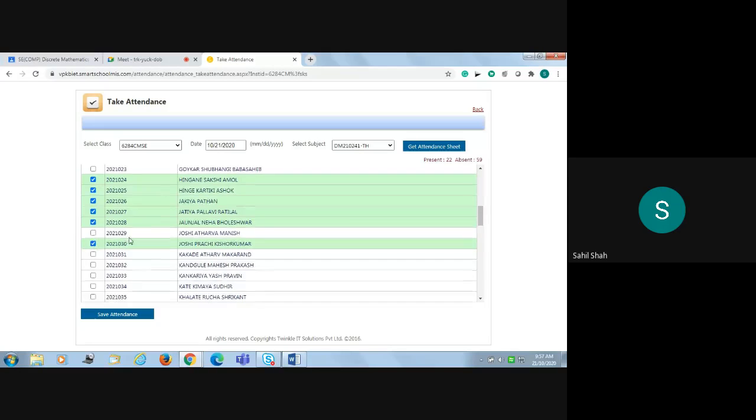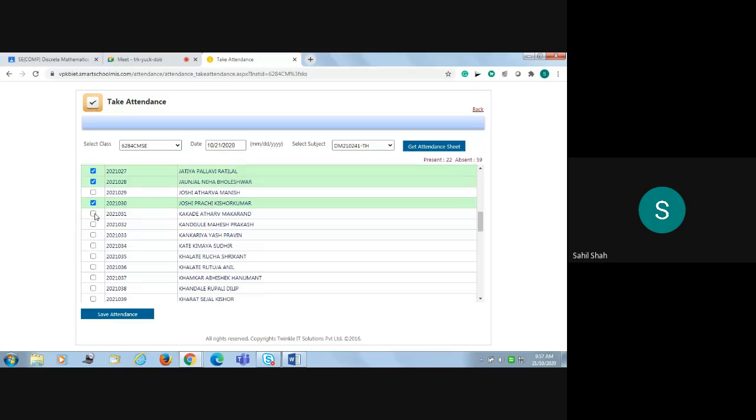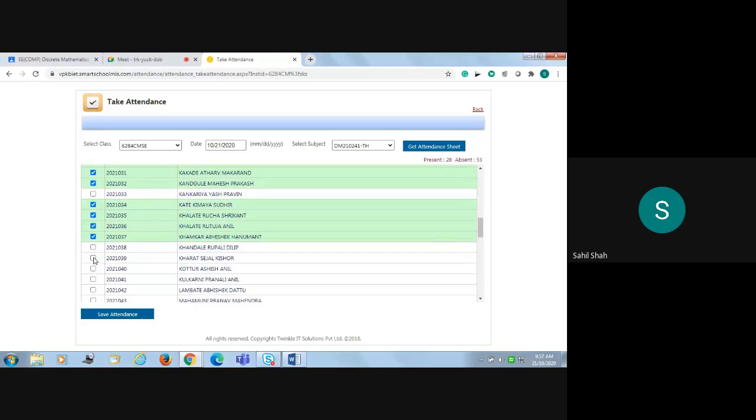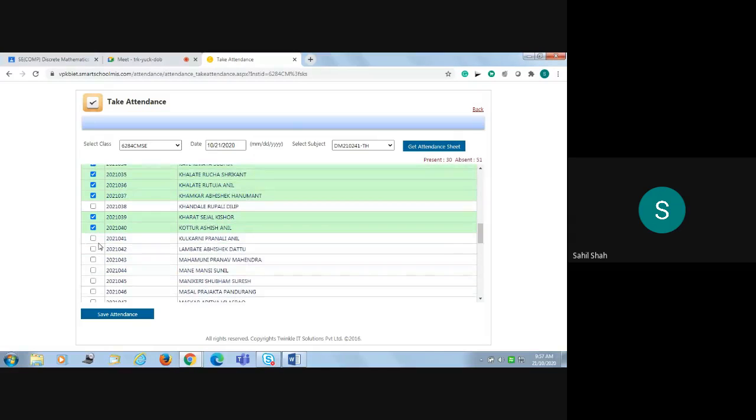Prachi Joshi. Okay, fine. Kakade Atharva. Okay. Kandgure Mahesh. Kankariya Yash. Khalate Rutuja. Khandale Rupali.